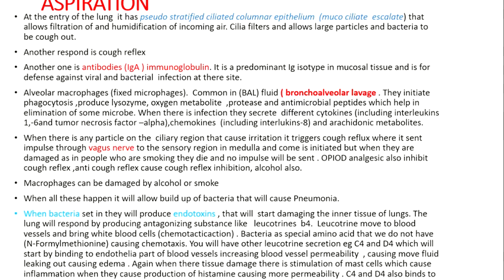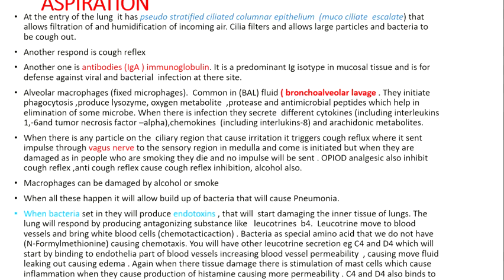When it attaches, it causes inflammation, and when there is inflammation there is edema, allowing more fluids to enter into your alveoli region.